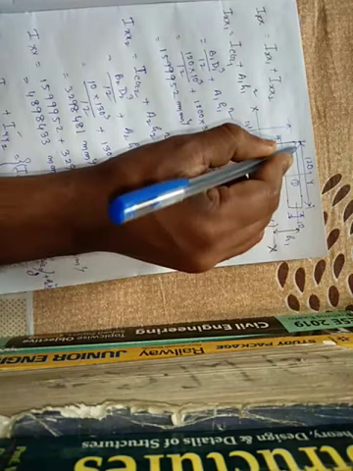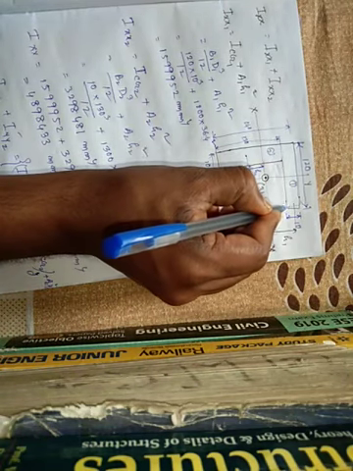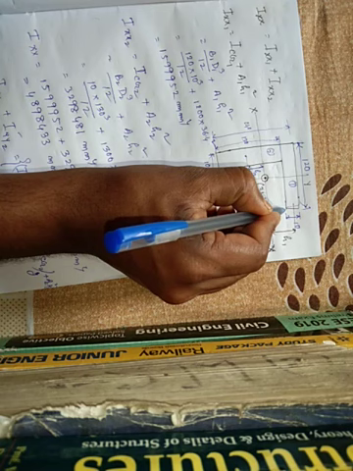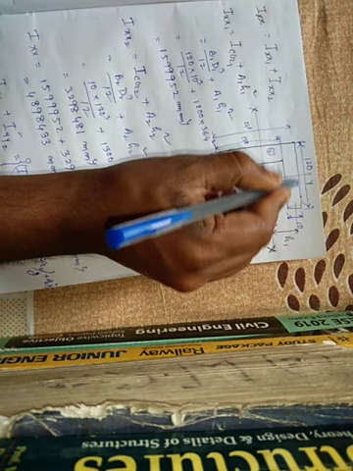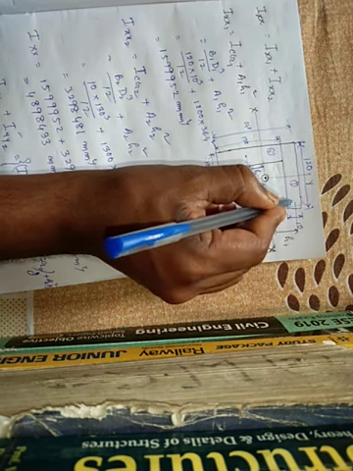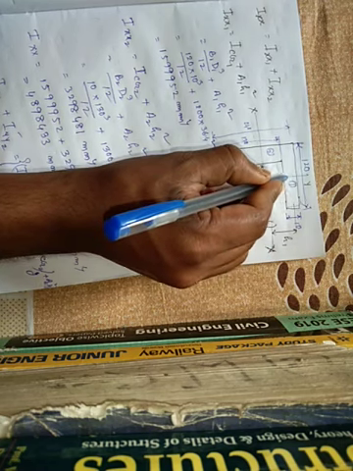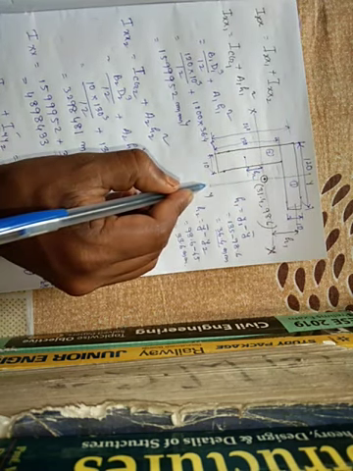k1 will be the distance from the center of this section about x axis to this axis.